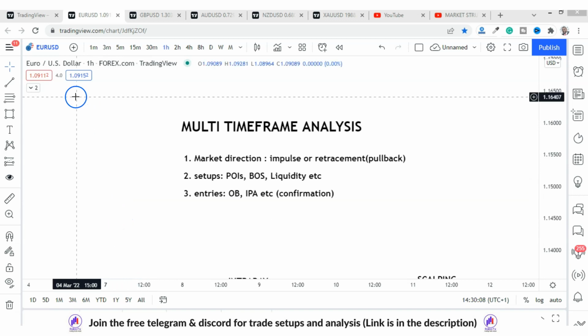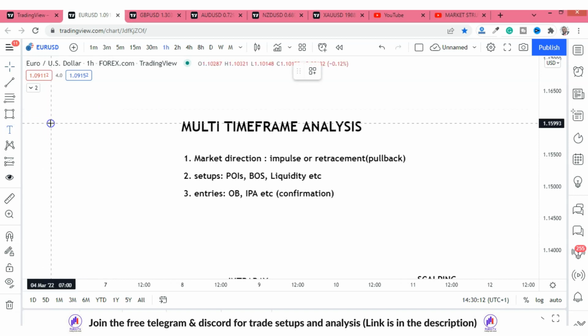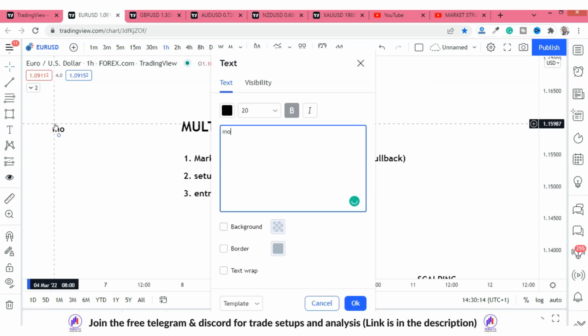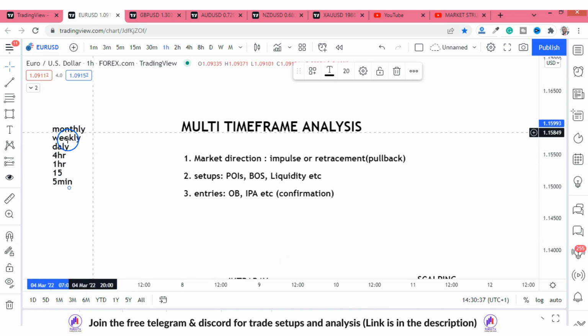That means you go to the monthly, weekly, daily, 4 hour, 1 hour, 15 minutes, 5 minutes, and so on, in order for you to be able to understand the direction you have to take, and also your trade setup.